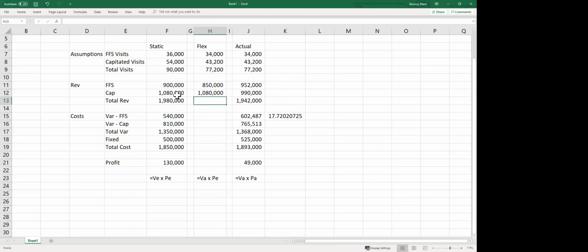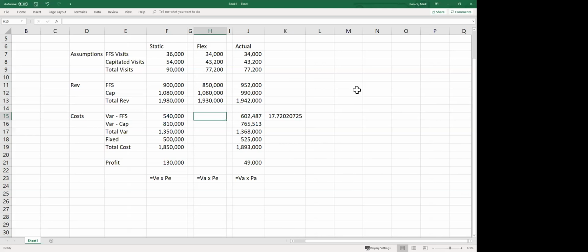So that's still the same from before, because we're using the original price and the actual volume. Well, the actual volume was what we thought it was going to be. The only change was the price. So these are going to be equal as a result. So then we get our total revenues for our flex revenues. So that's 1930.